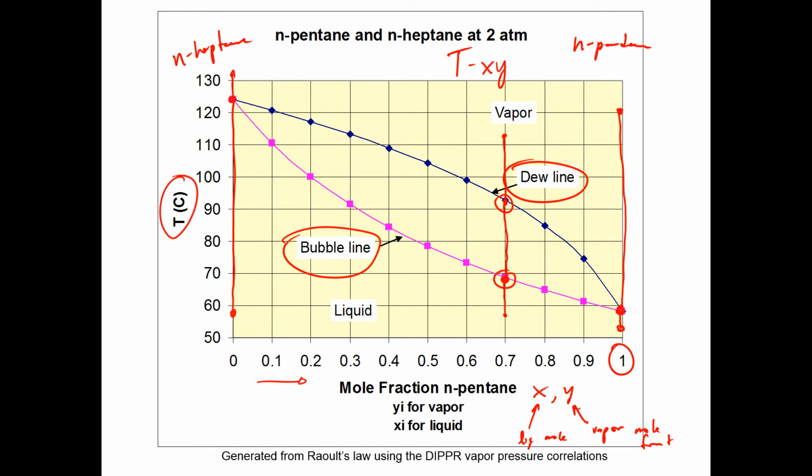Now if we also have 90 degrees, and then we just started adding more N-pentane, at a certain point we'd have our bubbles start forming, and then some of it would vaporize. As we keep adding more, it's going to turn to all vapor, and then we're going to be into the vapor region as we start adding more N-pentane.